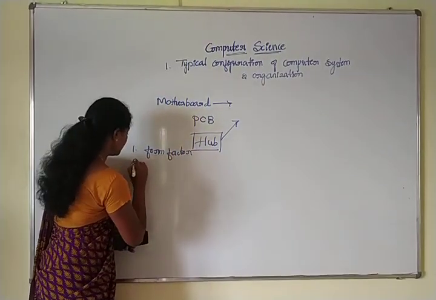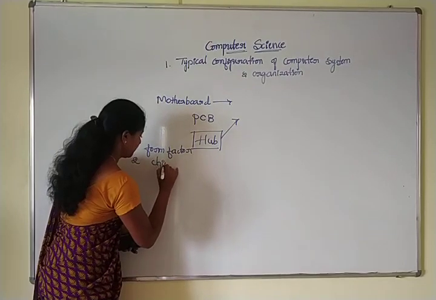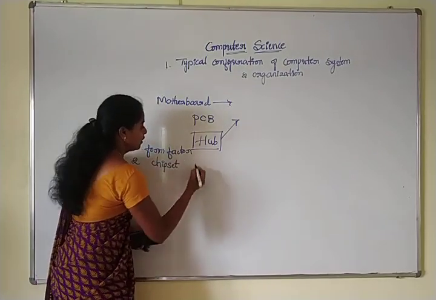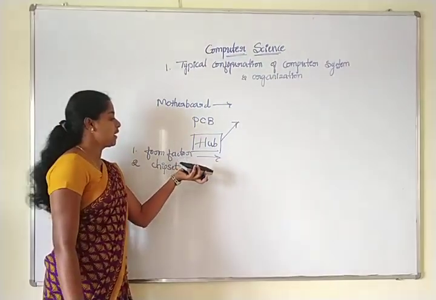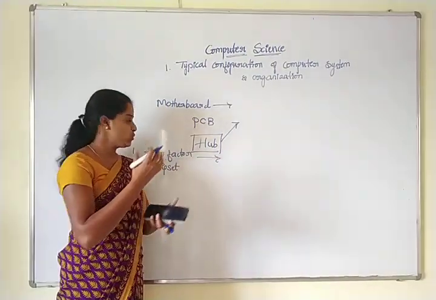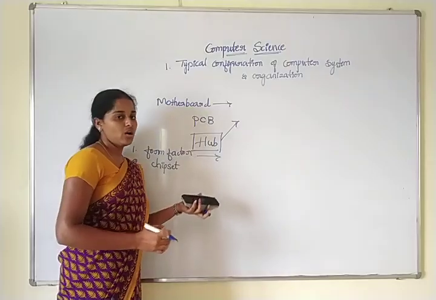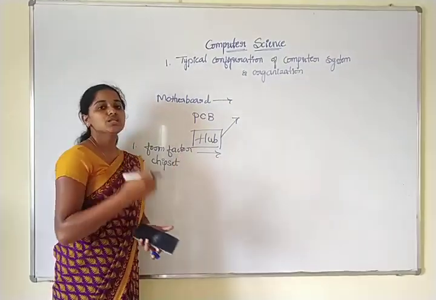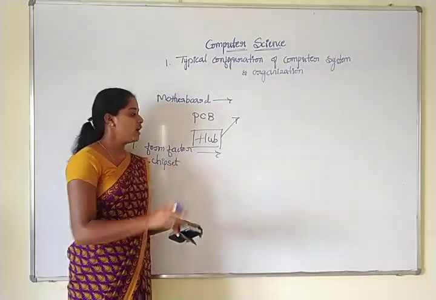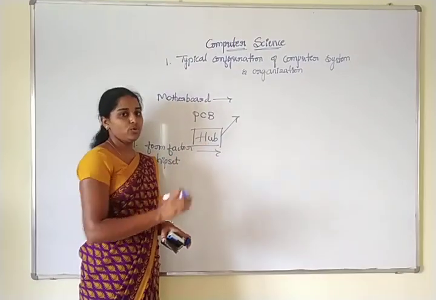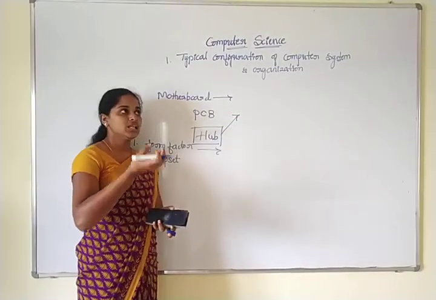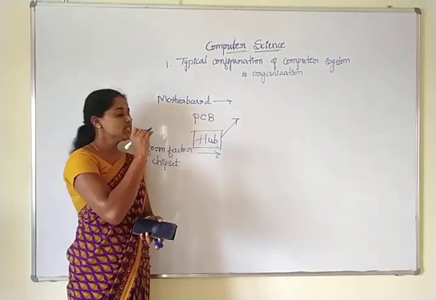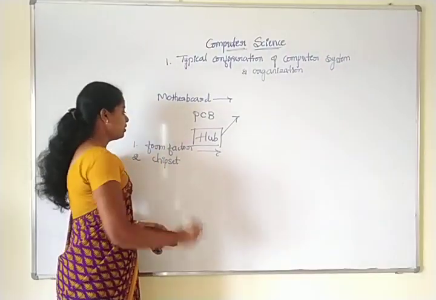the second one is chipset. Then what is the form factor? This form factor is an important factor in choosing the motherboard because it refers to the geometry, dimension and arrangement of a motherboard. Suppose we are building a small computer, we have to choose a small form factor board.